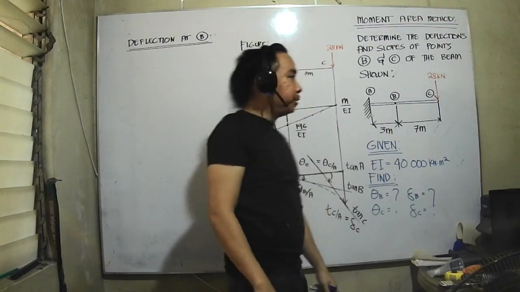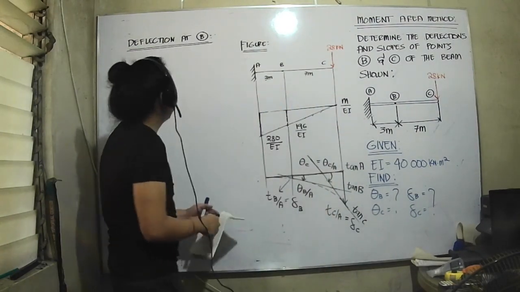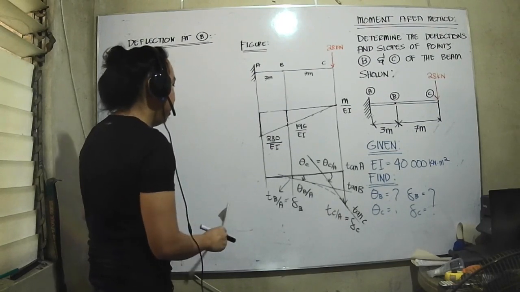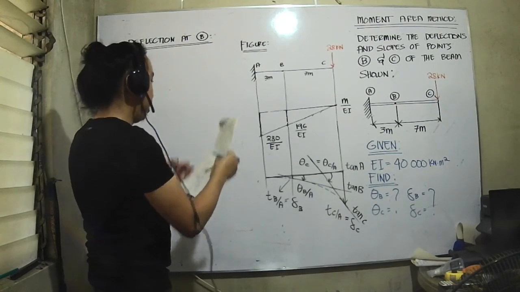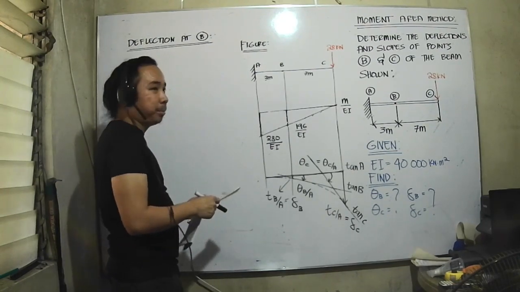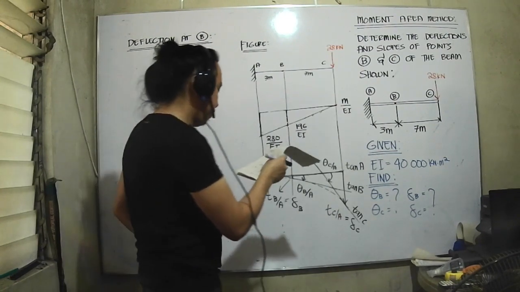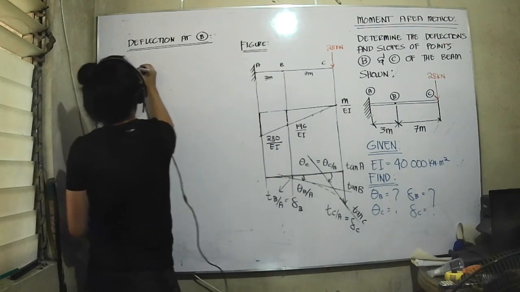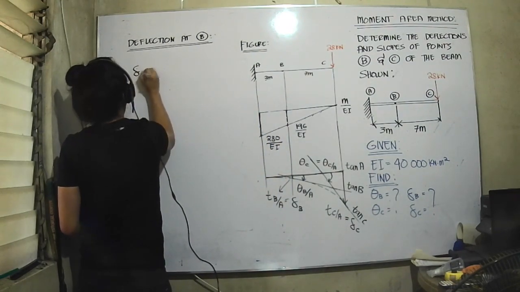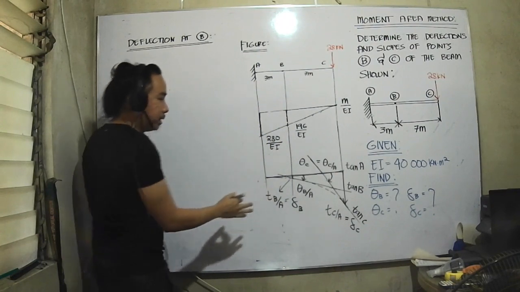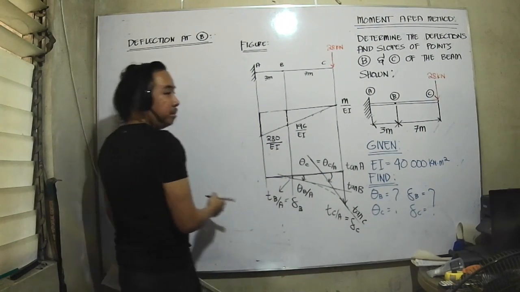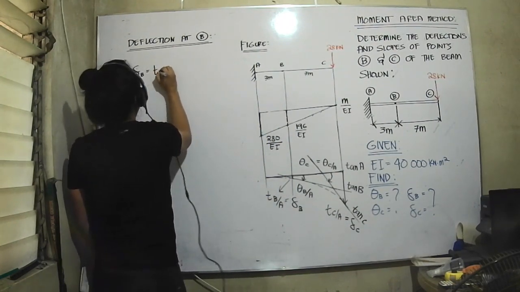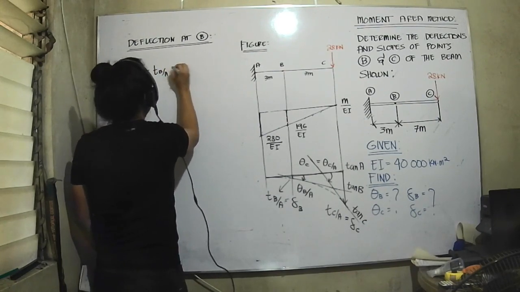Okay, so now we continue on with the deflection at B, delta. Now, how do we solve for that deflection? The deflection is just essentially equal to the tangential deviation from B to A, right? We already got that.